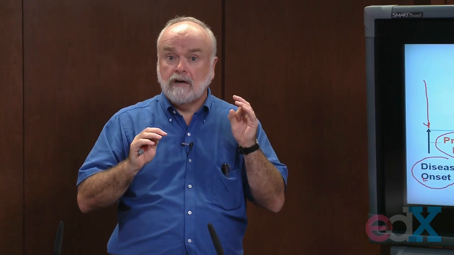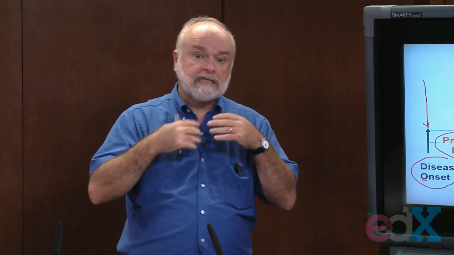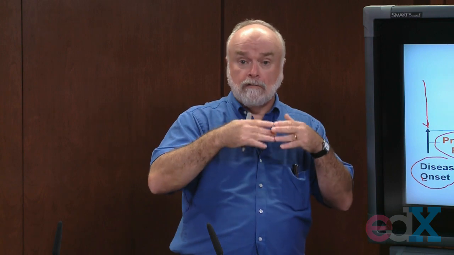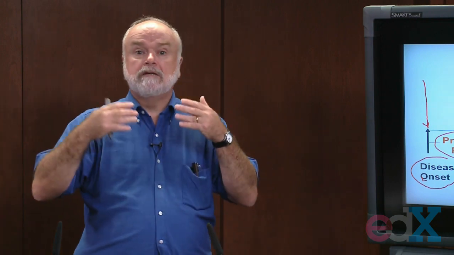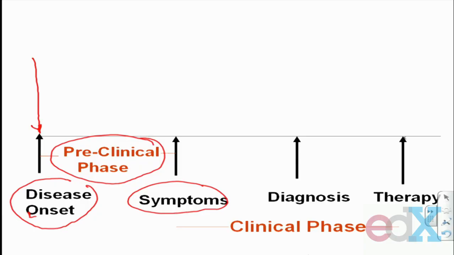It's just too small to detect. It takes time for the cancer to grow for the screening test to be able to detect it. So part of this total preclinical phase is a point in time where a screening test would not detect disease, even if it did exist.